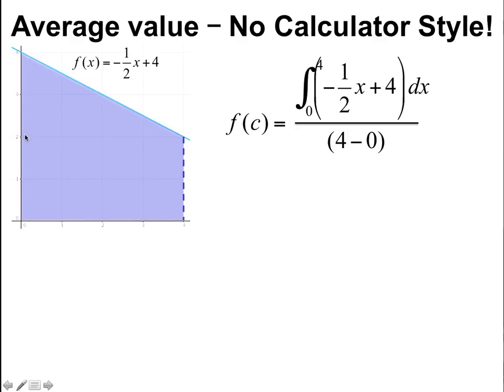I'm going to split this up into rectangle plus triangle. The rectangle, the bottom portion here, is 2 high and 4 wide. That's going to be 8. This triangle up here is 4 wide and 2 high, and it's a triangle, so it's half that, so it's going to be 4. And so our total value from 0 to 4 is 12.